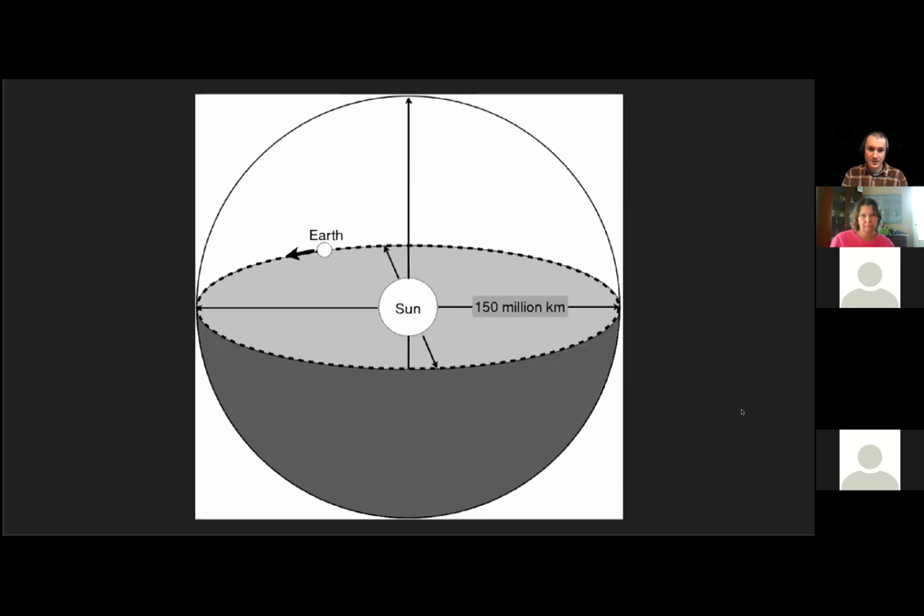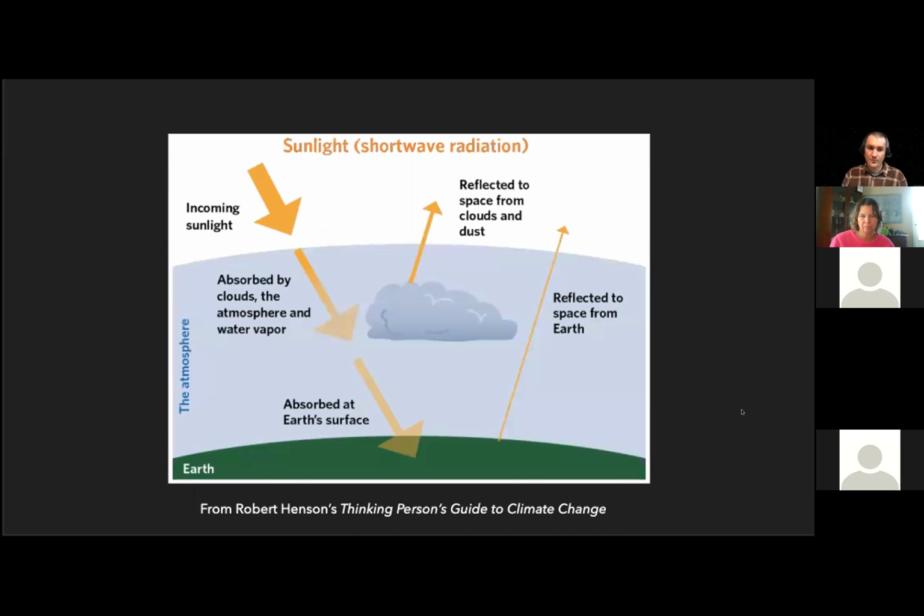We know approximately the amount of energy the sun is emitting. It's emitting that energy outwards in all directions, and the Earth captures just a very, very small percentage of that. What we want to now understand is what happens once that energy strikes the top of Earth's atmosphere. So we have a beam of incoming sunlight, here expressed as our bold yellow arrow.